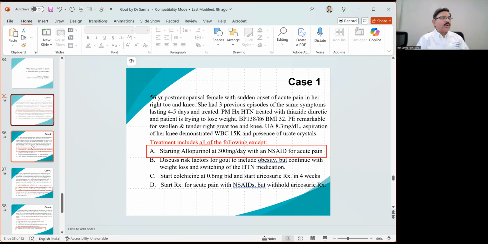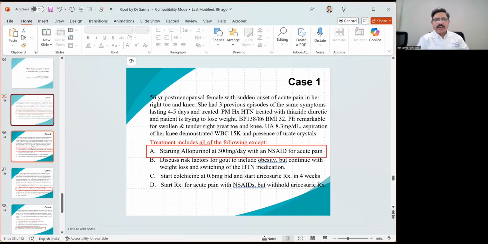Now, what should you not do? Among those, what is your option? There are 4. Discuss risk factors for gout to include obesity, continue weight loss, and switch the hypertension medication. That should be done, isn't it? Then start colchicine at 0.6 milligrams BID, and start uric treatment after 4 weeks.